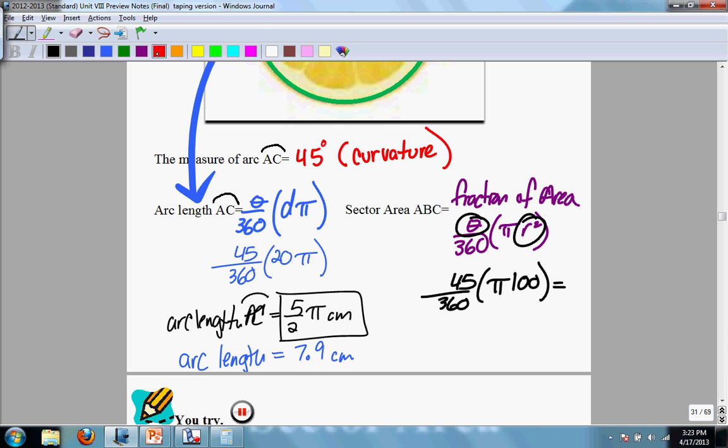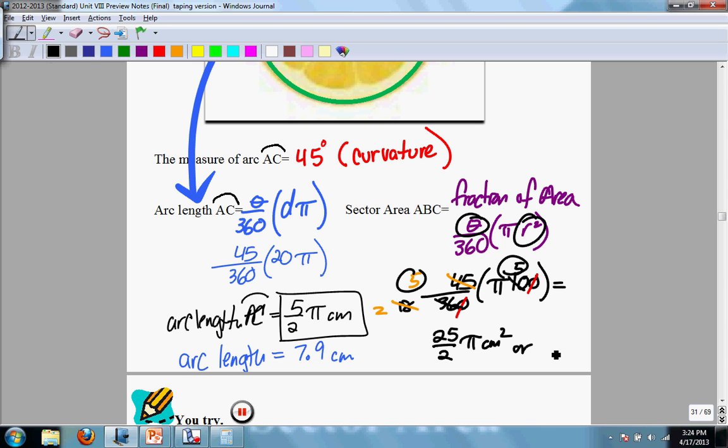So if we want to reduce here, we can cancel the zeros. 2 goes into 36 18 times. 2 goes in here 5 times. 9 goes in here twice. 9 goes in here 5 times. So to reduce, I end up with 25 over 2 pi, and my units are centimeters squared.